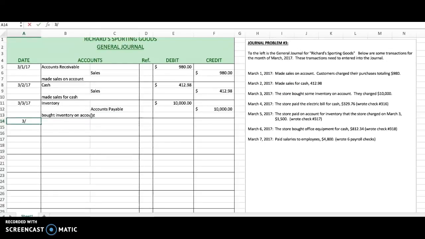March 4, 2017. What happened here? The store paid the electric bill for cash. Which two accounts? Cash is involved, obviously. Since we wrote a check 316, obviously cash is going down. So probably we'll credit cash, right? What's the other part? Electric bill. Is that a liability? Did we get an asset? We did not.